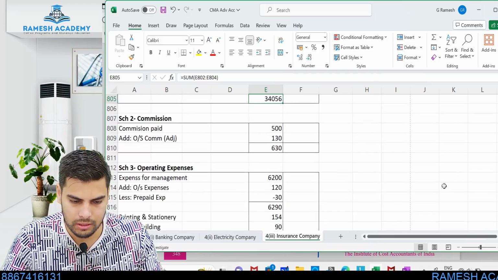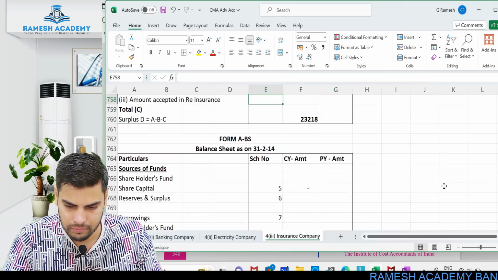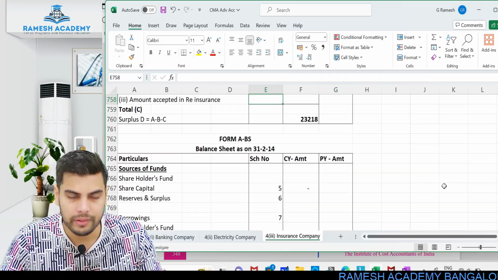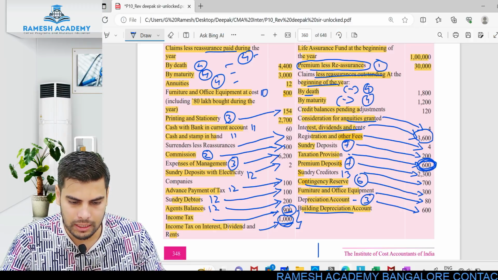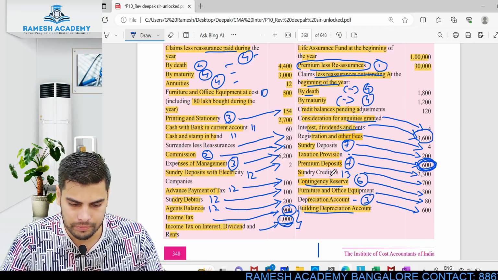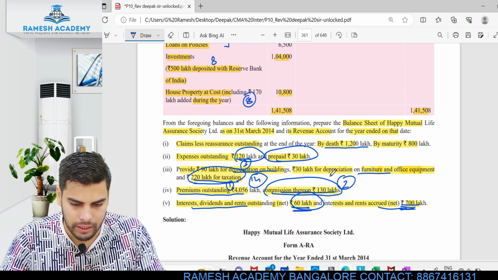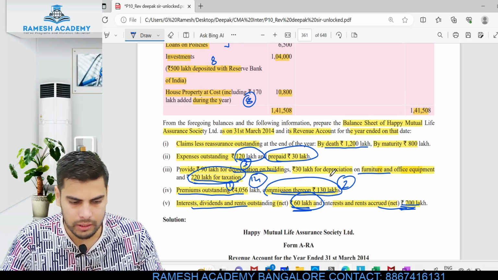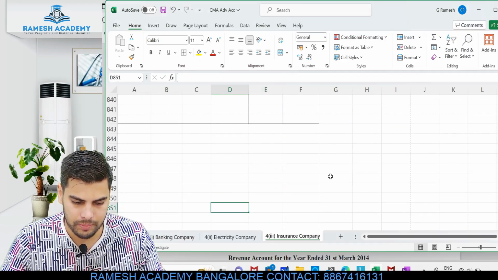Okay, and then this particular amount what we got over here. How much is the profit which we got over here in the P&L account? Yes, 23,218, right? So before that, is there any P&L account balance which they have given? Nothing, right? I'll just be writing this as P&L account balance.